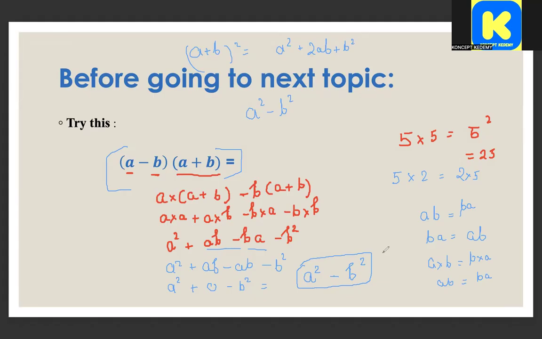The same way, this property: a square minus b square is equal to a minus b and a plus b. So this is the proof of this property, that a square minus b square is equal to a minus b, a plus b.